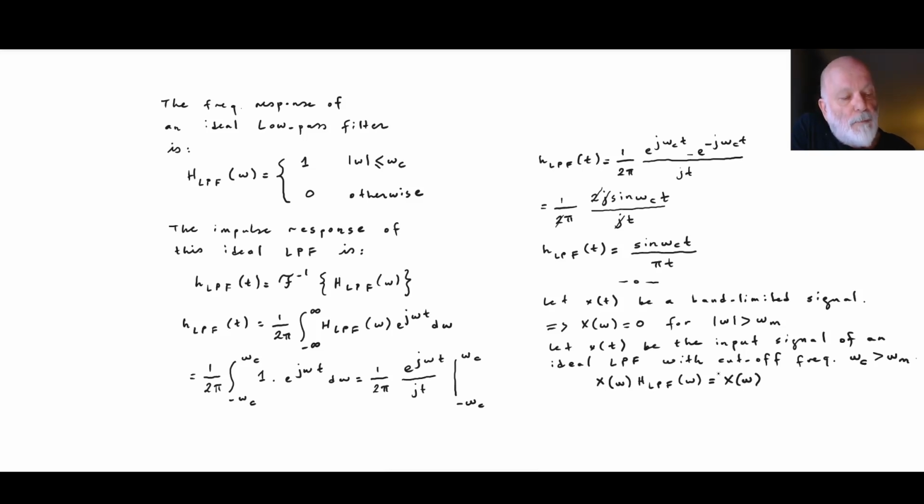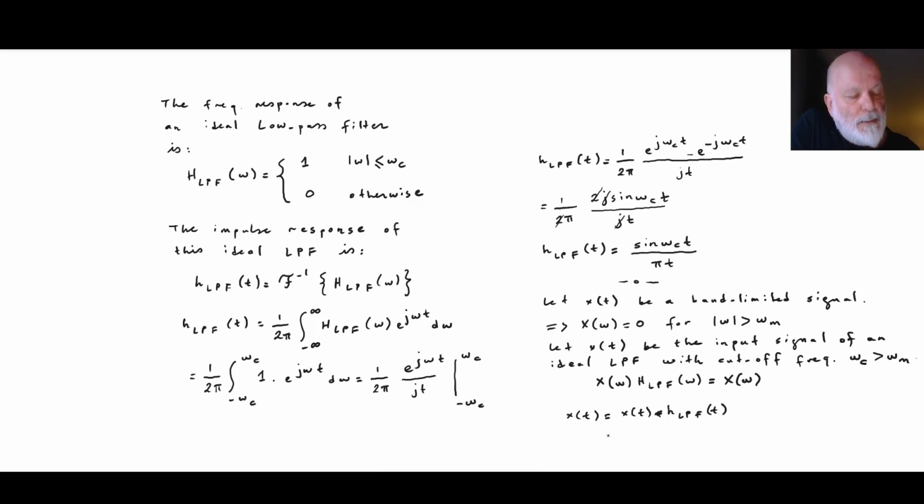So in time domain, this result can be expressed as follows: x of t is equal to the convolution of x of t with the impulse response. Okay?